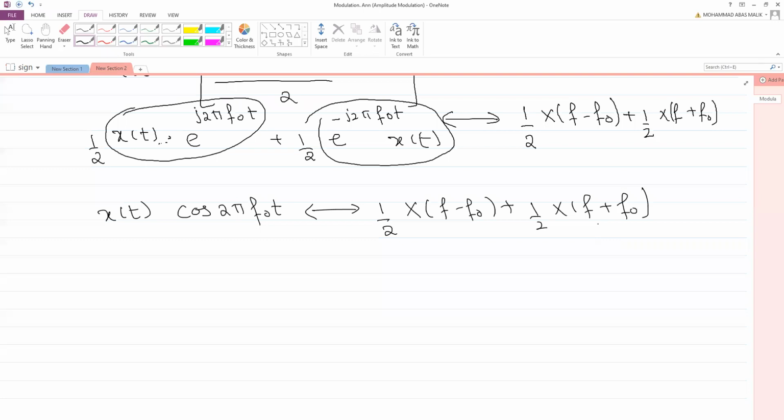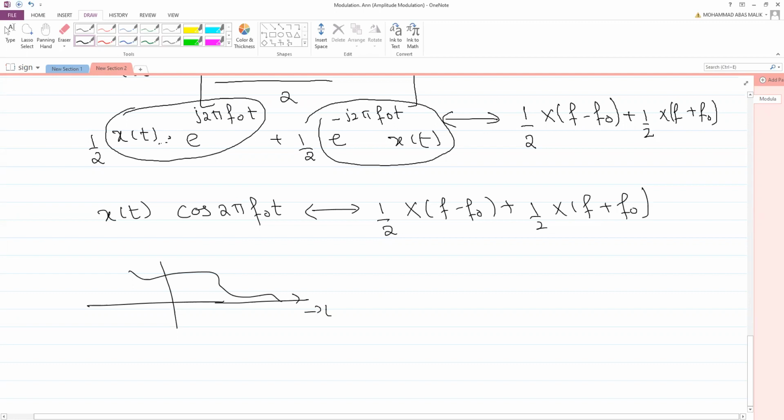So suppose let the spectrum of any signal be like this. Suppose we have x(t) as the time domain signal, let this be like this, any message signal it carries. Now suppose this be its frequency spectrum.